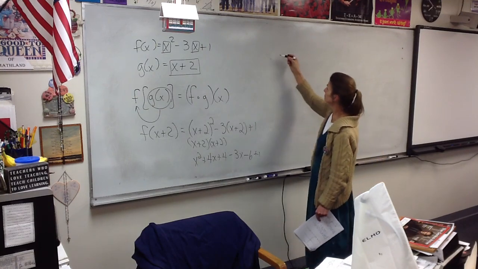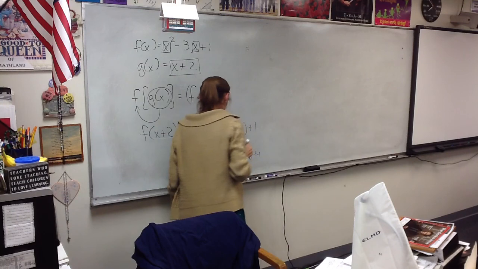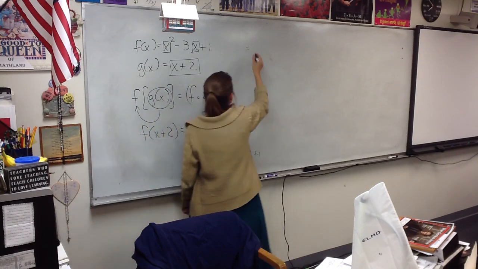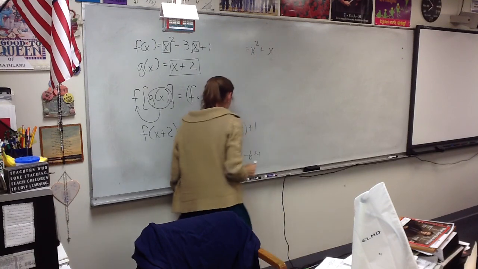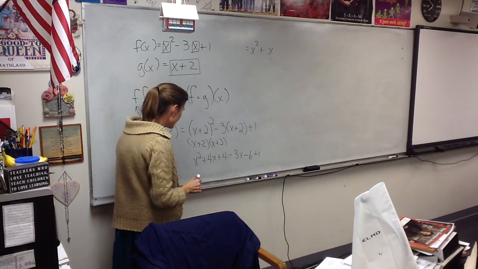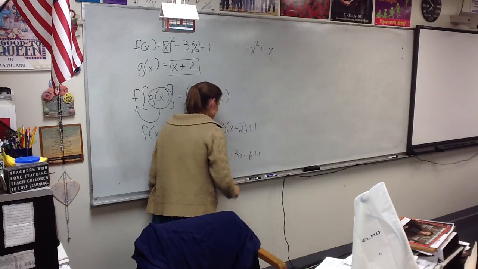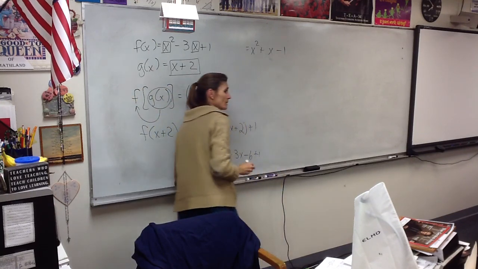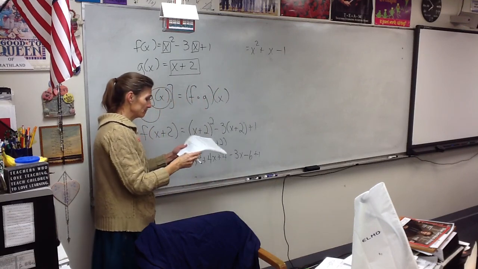What's that equal? x squared plus x plus 5. x squared plus x, I like that part. 4 minus 6 would be negative 2, plus 1, minus 1. There we go. That's the answer.